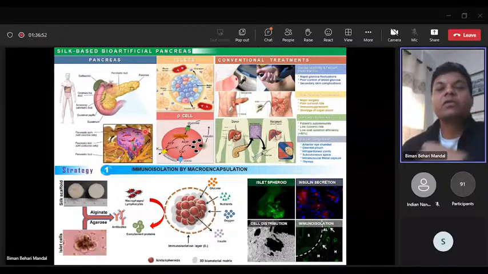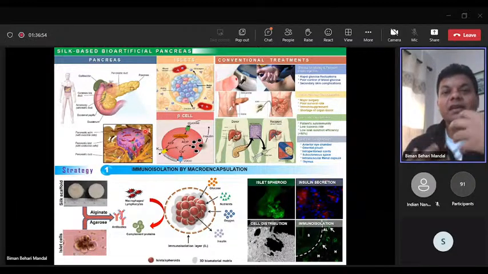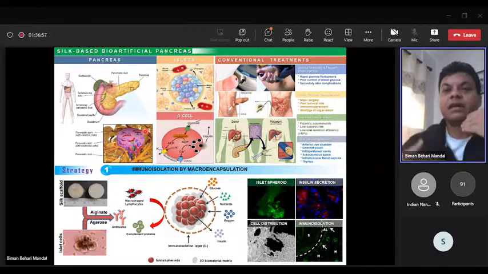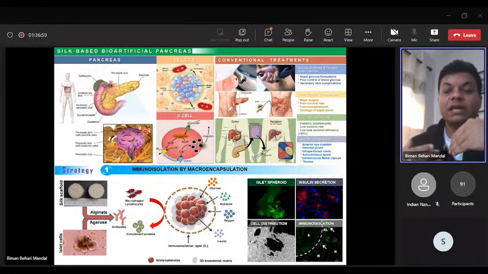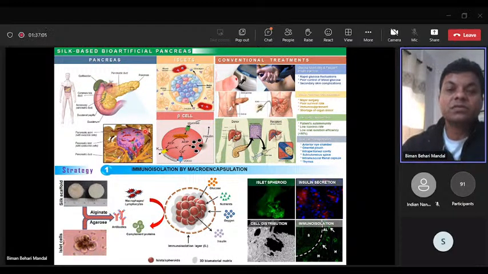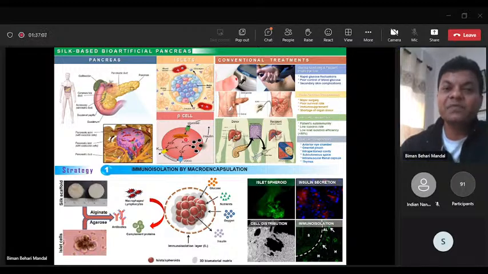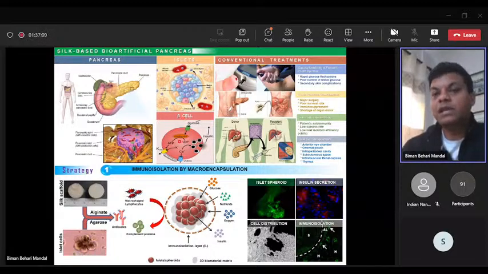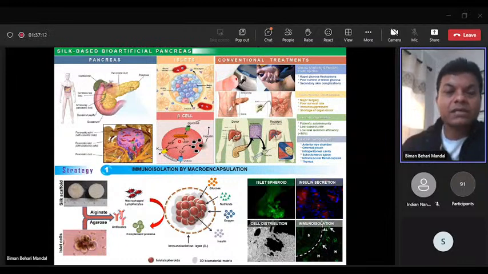And that is how we control our glucose level on a day-to-day basis. If this homeostasis is disturbed, then disease comes. Through autoimmune disease, immune cells kill these beta cells which produce insulin, because of which there is non-regulation of glucose, and that is what we know as type 1 diabetes.